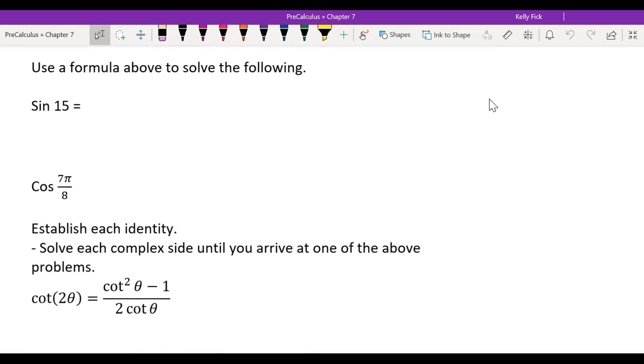It says, use a formula above to solve the following. So for sine of 15, yesterday we solved that using the addition and subtraction ones, right? Today it wants you to solve them using the double and half angle formulas. Sine of 15 is 30 divided by 2, correct?